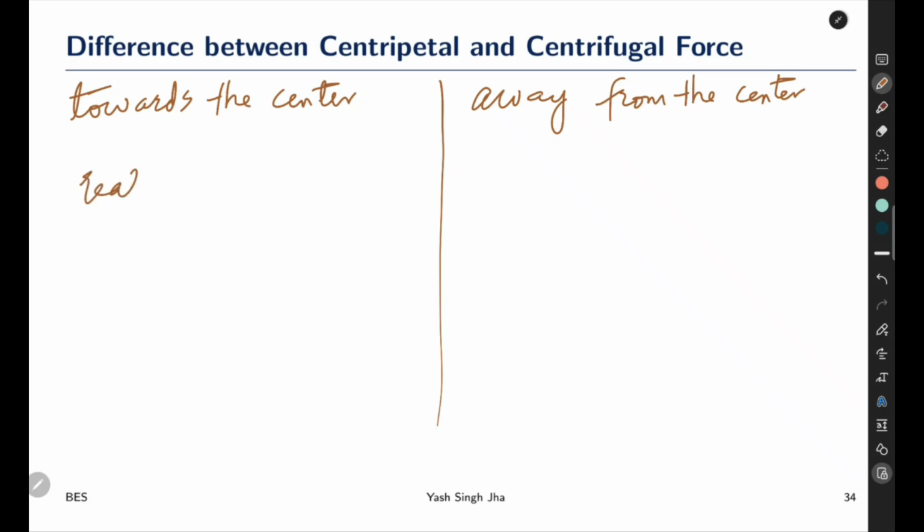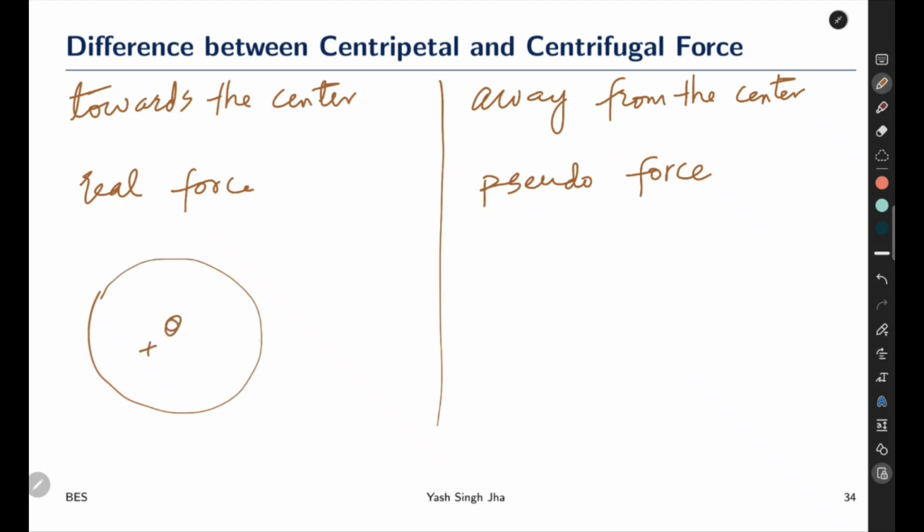It exists. Centrifugal force is not a real force. It's a pseudo force or a fictitious force. Examples of centripetal force: electrostatic interaction when there is a proton and an electron, where the electrostatic force of attraction gives you the centripetal force. Centrifugal force example: when you sit on a merry-go-round and you feel something pushing you away from the center, that is centrifugal force.